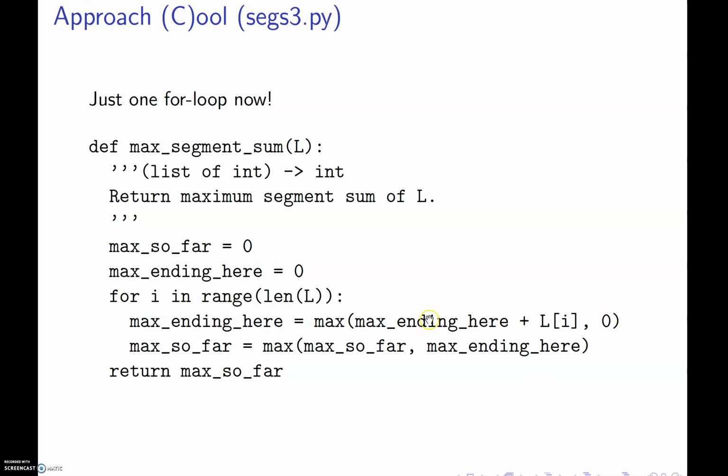Then the max so far is just going to be that max so far that was retained from previous, or if this max ending here is bigger, because say you added on a positive number, then it gets replaced. So notice we only have one for loop here. So this should be, by all accounts, our most efficient approach.